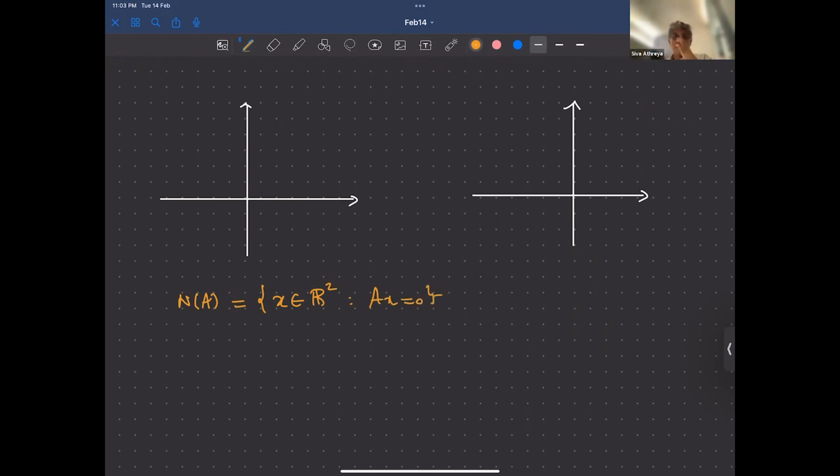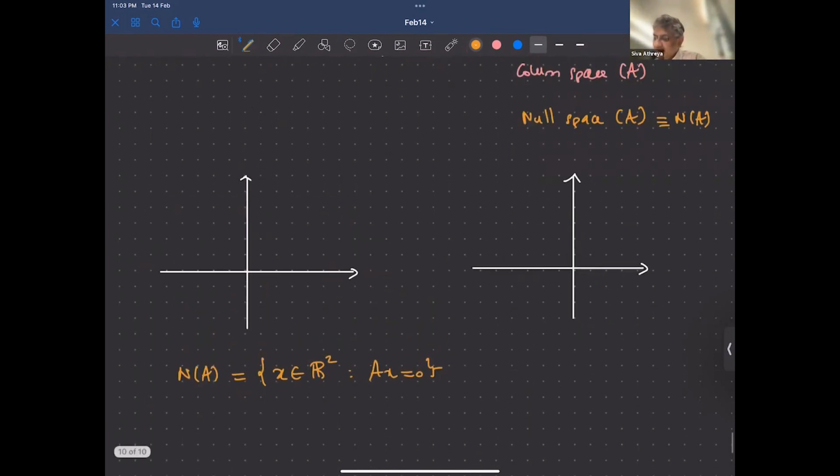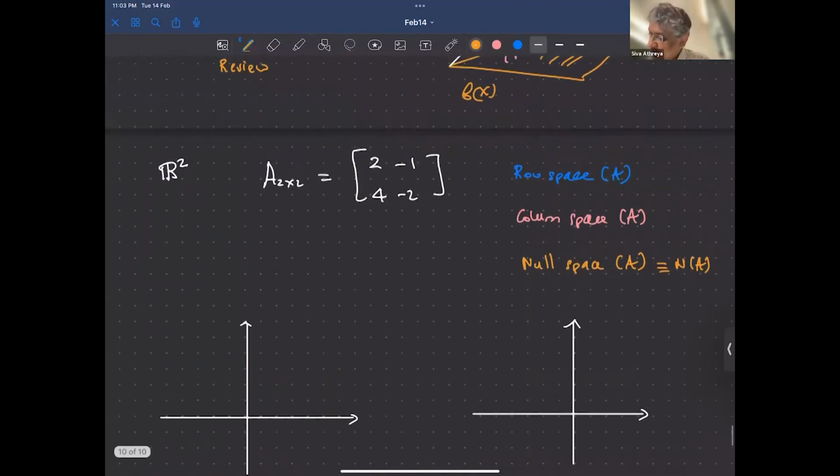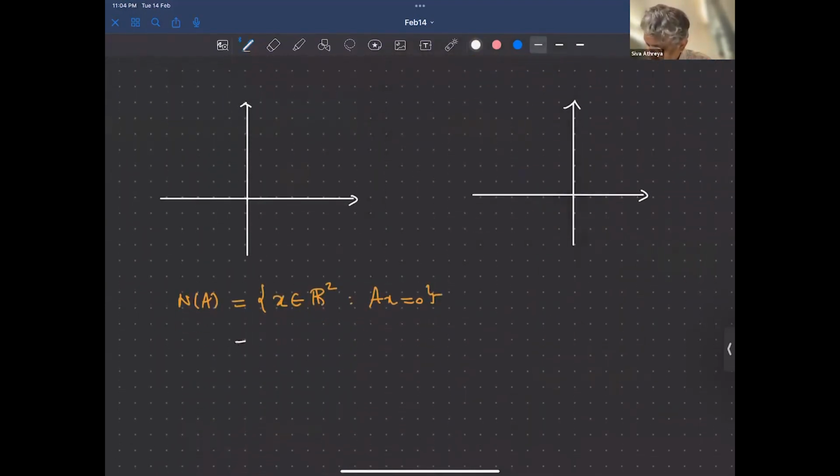Here, what's my matrix A? It is 2, minus 1, 4, minus 2. So N of A is the set of x in R2 such that the matrix 2, minus 1, 4, minus 2 times x1, x2 is equal to the 0 vector.